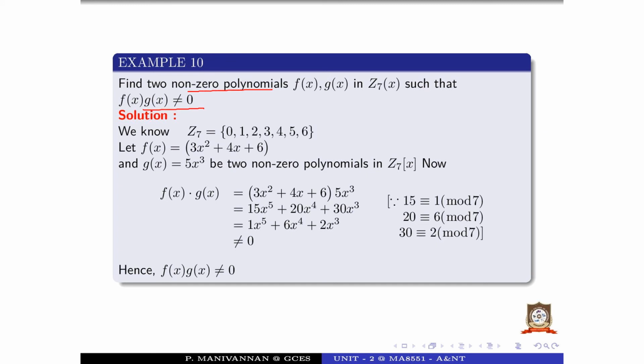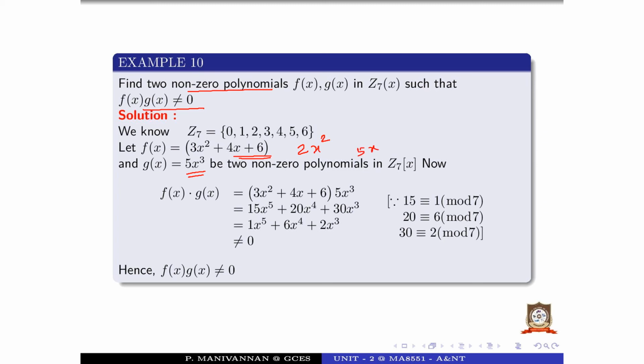Assume any one of the coefficient products is not equal to 12. Okay. We choose any examples. For example, f of x is 2x squared and g of x is 5x.